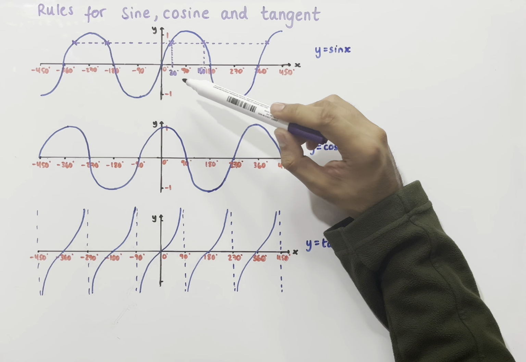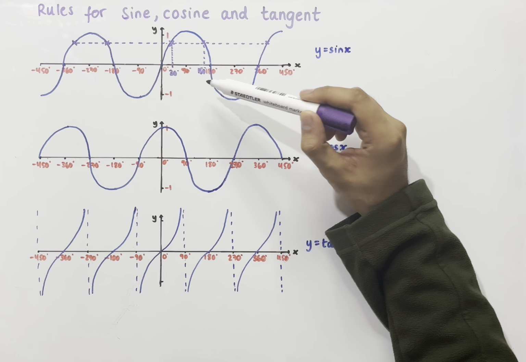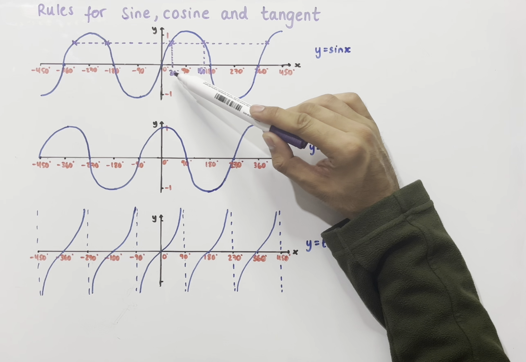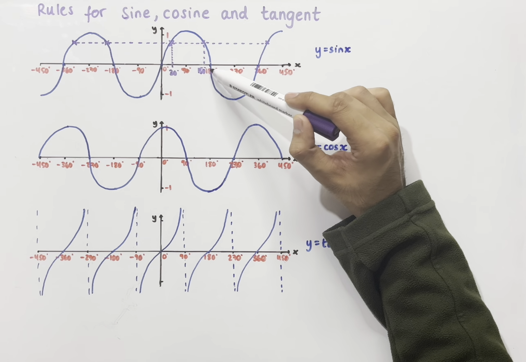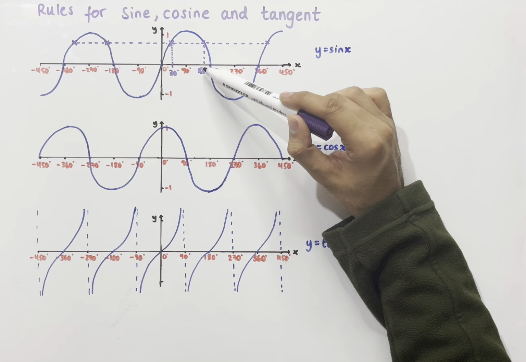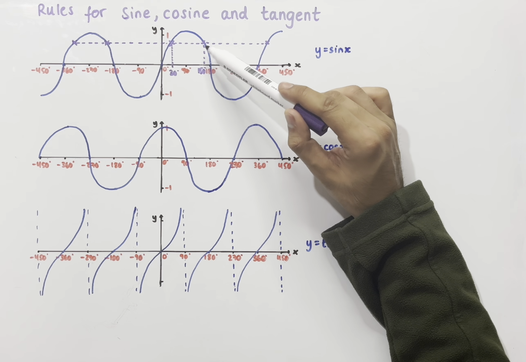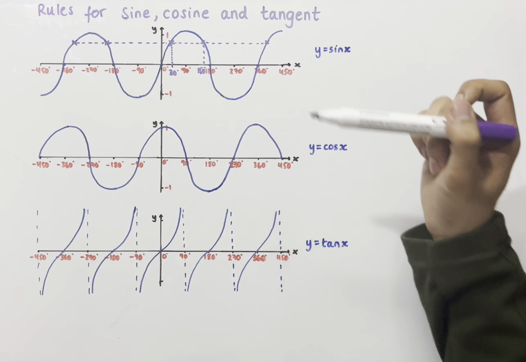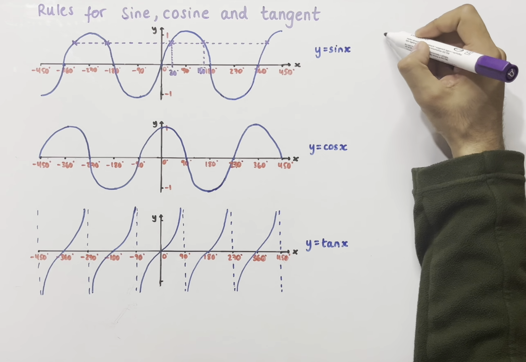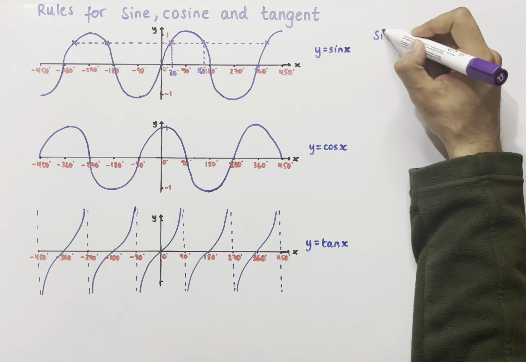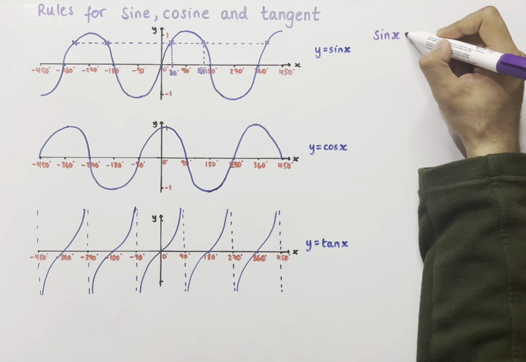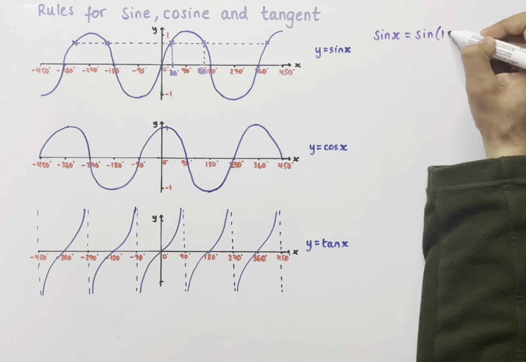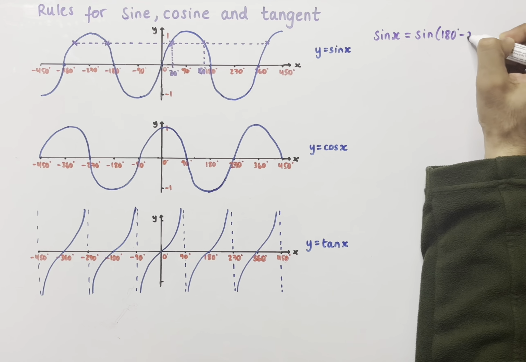The relationship between 30 degrees and 150 degrees is that if we take our first value, 30 degrees, and do 180 minus 30 degrees, we get 150 degrees, which we can see produces the same solution. And so generally we can say that sine of an angle x is equal to sine of 180 degrees minus x.